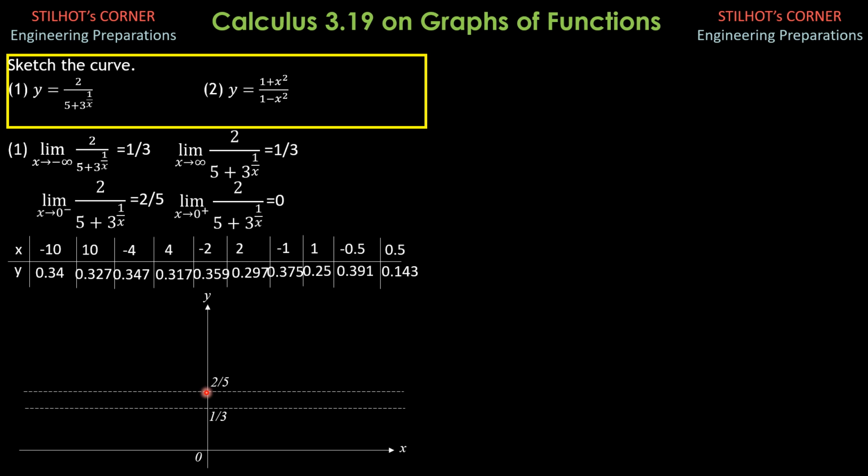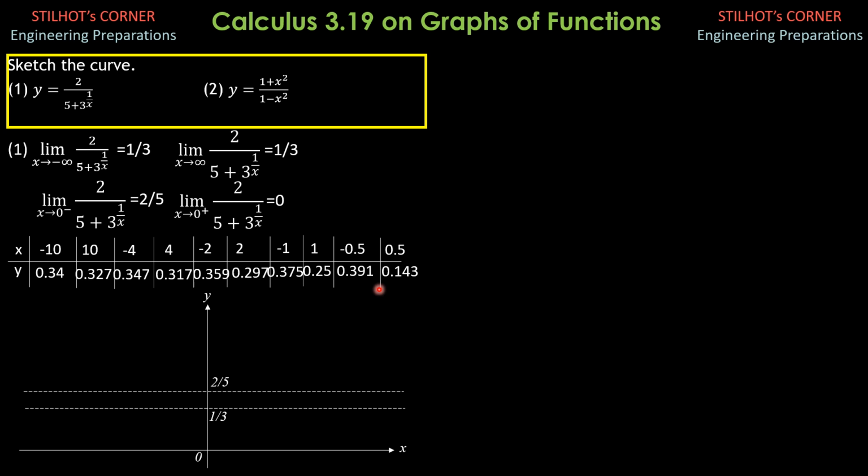Then for the graph to the right of the y-axis, when x approaches infinity, it approaches this horizontal asymptote, but when x is positive 10, for example, it is below this horizontal asymptote, 0.327; 0.317 when x is 4, 0.297 when x is 2, 0.25 when x is 1, and 0.143 when x is 0.5.